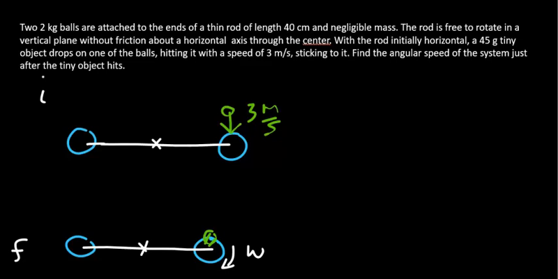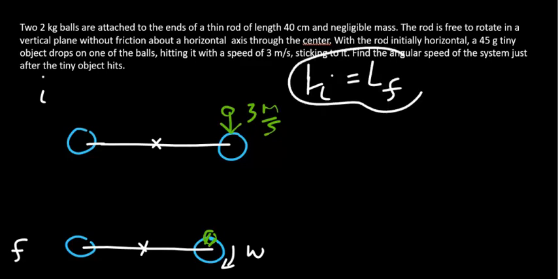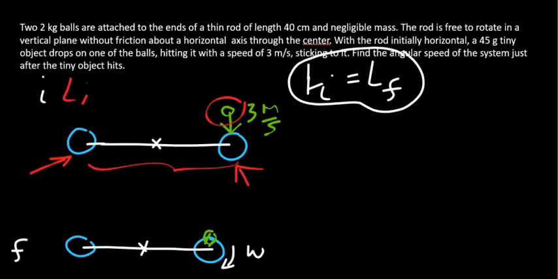Assuming there is no net torque acting on the system, the initial angular momentum must be the same as the final angular momentum. So we are using conservation of angular momentum to solve this problem. Let's calculate the initial angular momentum. The initial angular momentum is due to only that tiny object, because this ball and that ball, this entire system, were not moving.